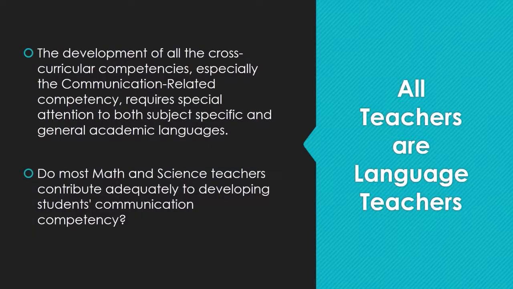In addition to the subject-specific competencies, science and math teachers must contribute to developing the 9 cross-curricular competencies. The communication-related group of competencies especially requires special attention to both subject-specific and general academic languages. Consequently, the QEP calls for all teachers to be language teachers.